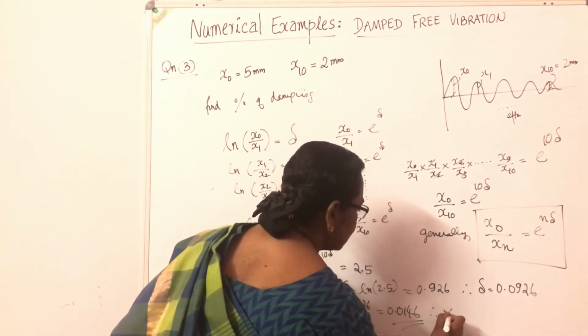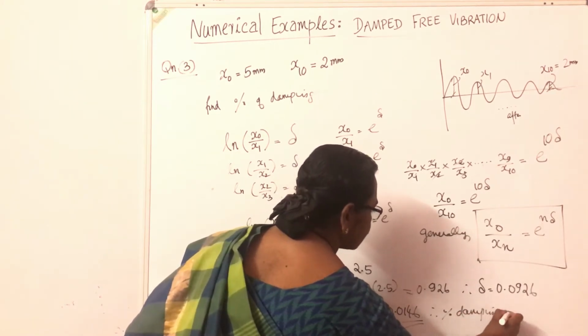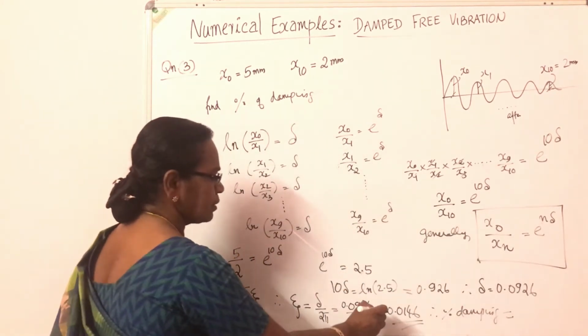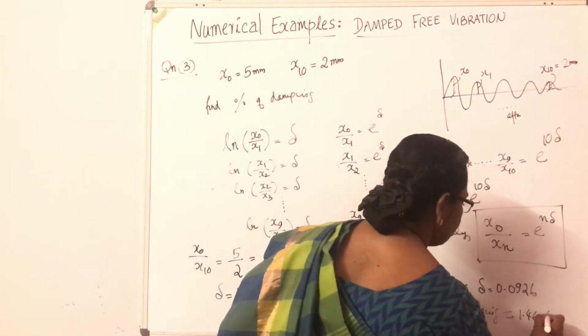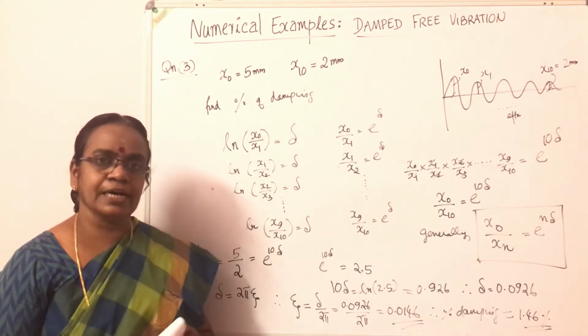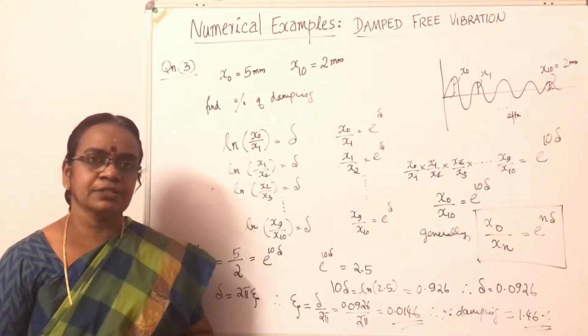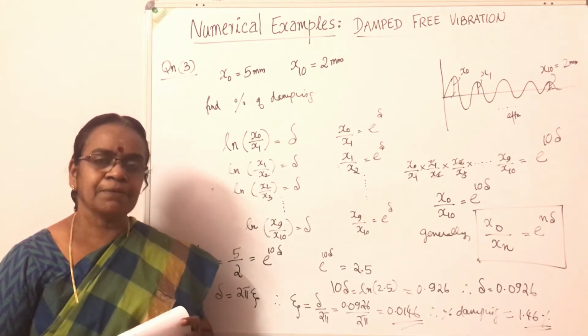Therefore, the percentage of critical damping is this into 100, that is 1.46 percent.